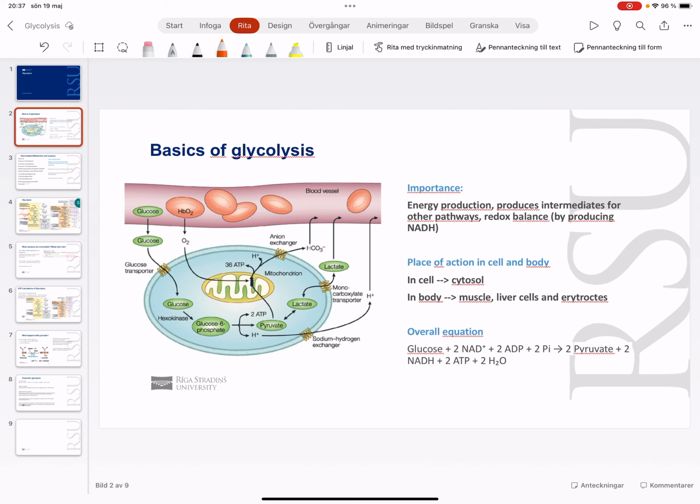This process takes place in the cytosol in all cells, especially erythrocytes, muscle cells, and liver cells. It's also the breakdown of sugar because we want energy. The overall equation is glucose plus, but you can just take a look at it, and you'll understand it more after this video, hopefully.